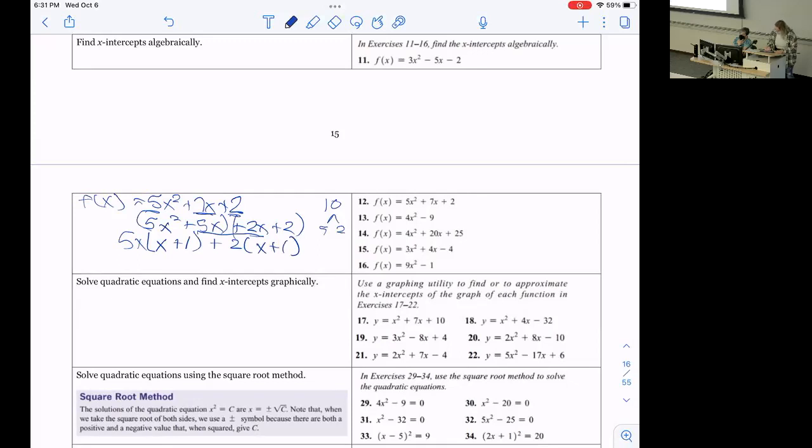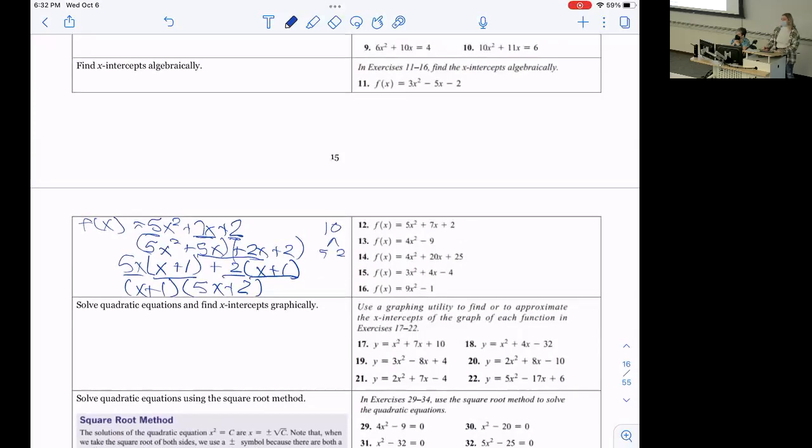So now we have two x plus 1s, which we can then pull out again. So then we're going to be left with an x plus 1 times, and then what we're left with is a 5x plus 2.